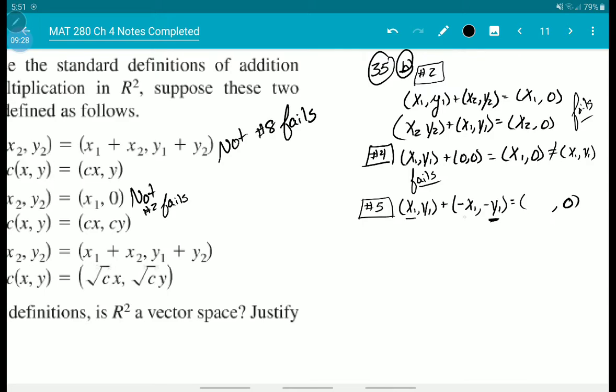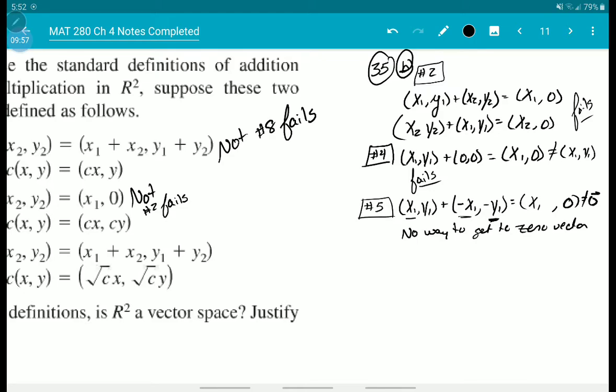But if I were to add these together, I get just that first component, x1. And so that's not the 0 vector. And in fact, there's no way to get to a 0 vector. So axiom 5 fails.